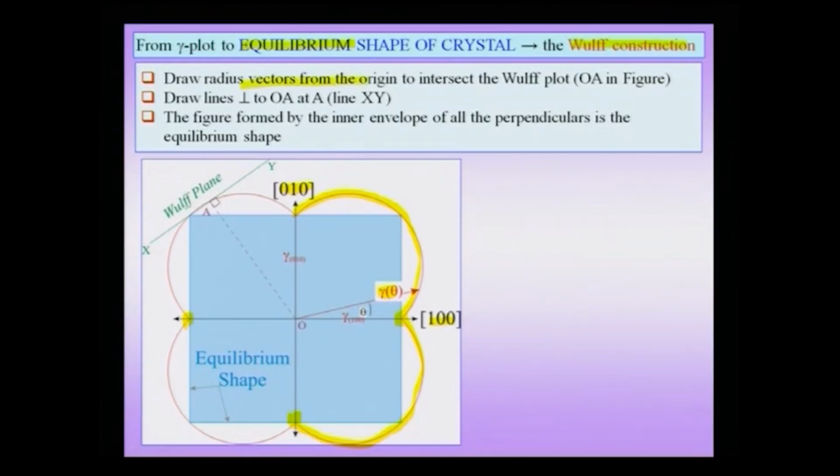Then we draw a radius vector from the origin to intersect the Wulff plot, like for instance OA in the plot. Now, I take my origin O and I draw a tangent and allow it to intersect. Now, the figure formed by the inner envelope of all the perpendiculars is the equilibrium shape. So, you can see if I keep on drawing inner perpendiculars, then I get a shape which is now for instance given by this blue box, and this is my equilibrium shape of the crystal.